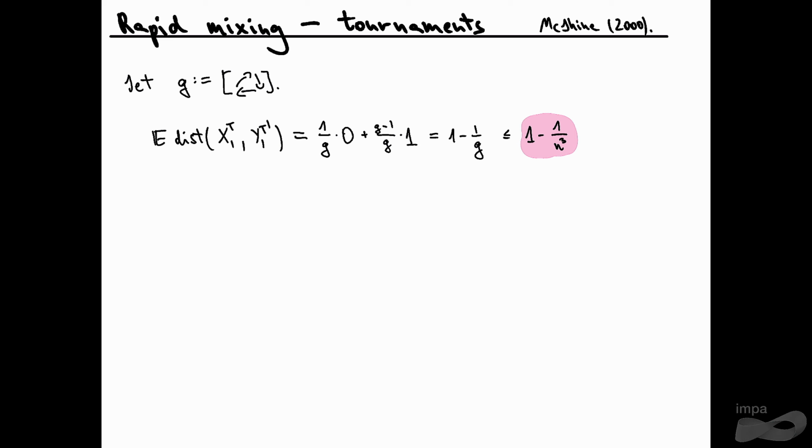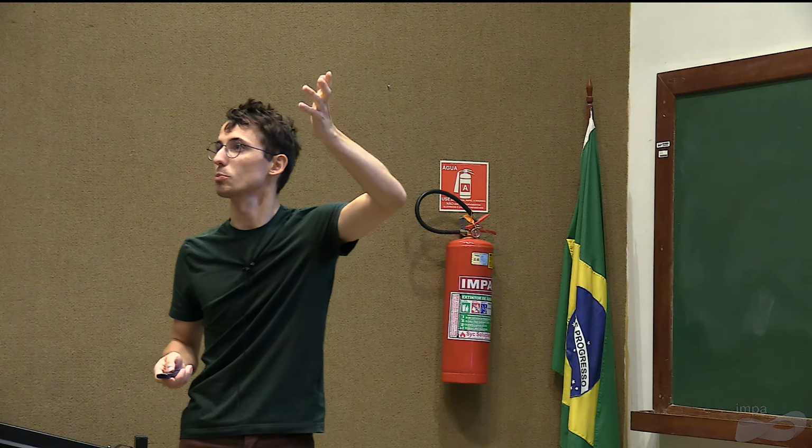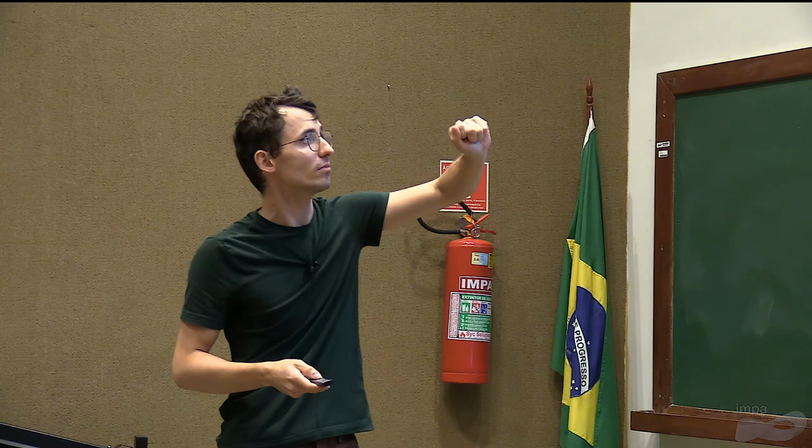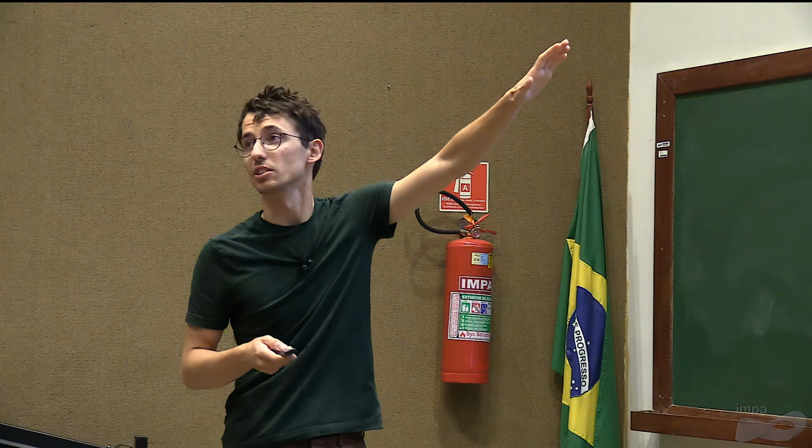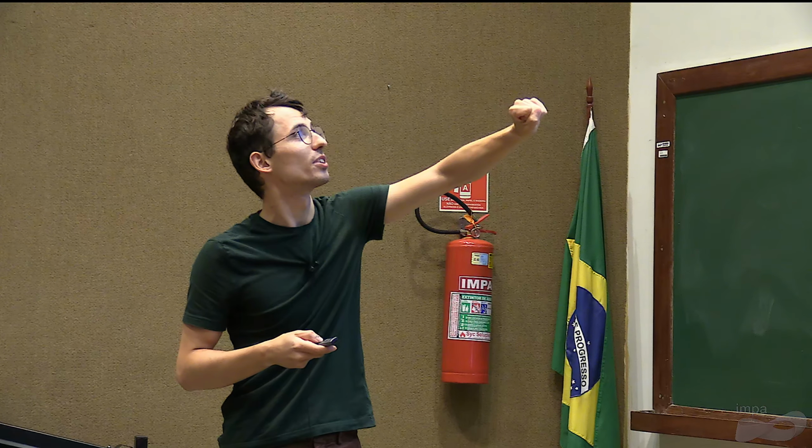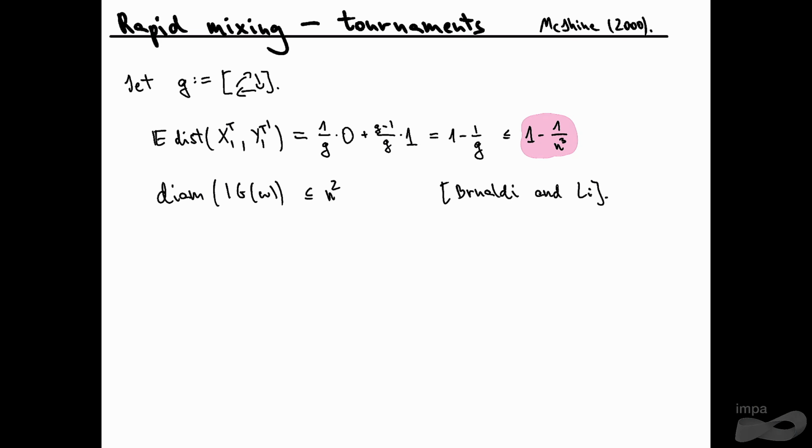The first case was B. What is my chance of sampling ABC? It is 1 over the number of cyclic triangles, and there are at most n cubed cyclic triangles. So the expected distance is smaller than 1 minus 1 over n cubed.